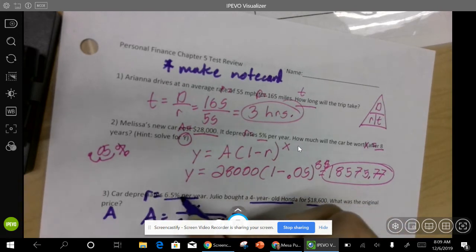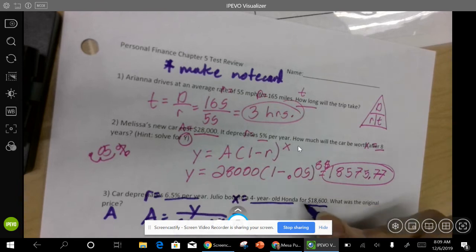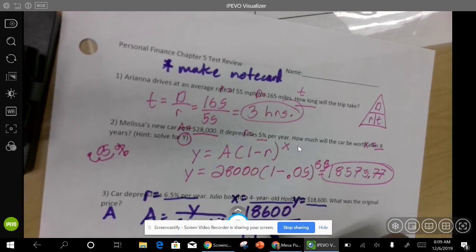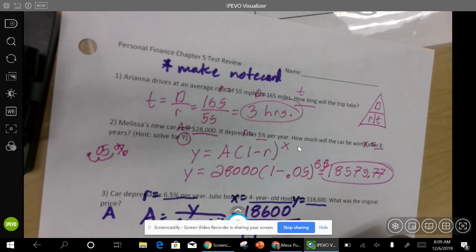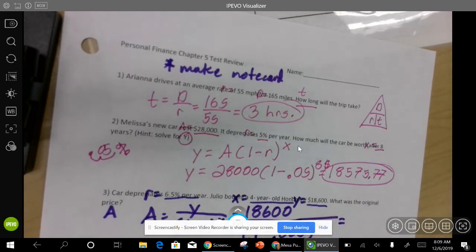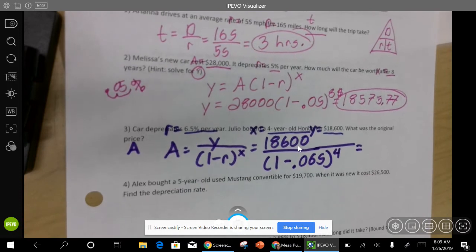The 6.5% is our rate, our time is 4 years, and our y is the 18,600. So 18,600 divided by 1 minus, remember we drop the percent sign and move to the left, 0.065 raised to 4 years. We're going to put that in the calculator.